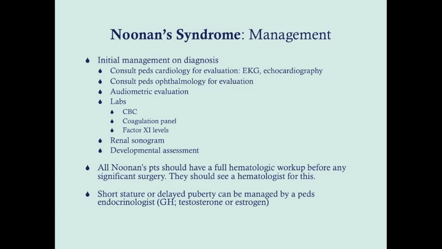So it's not necessary. You don't have to give growth hormone, but it will help them grow a little bit taller than they would otherwise grow if they didn't have it. Usually about 3 or 4 inches. It's not going to be dramatic, but they will grow a little taller if you give them growth hormone. And then the other time you're going to want to refer them off to endocrinology is if there's significantly delayed puberty.